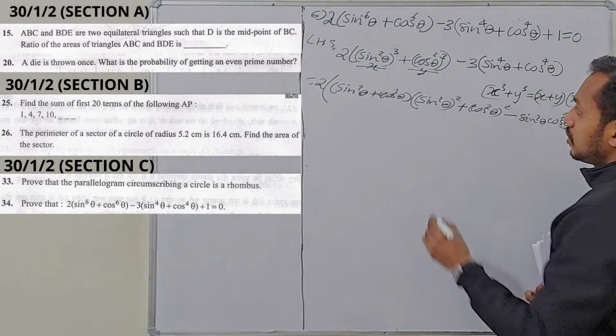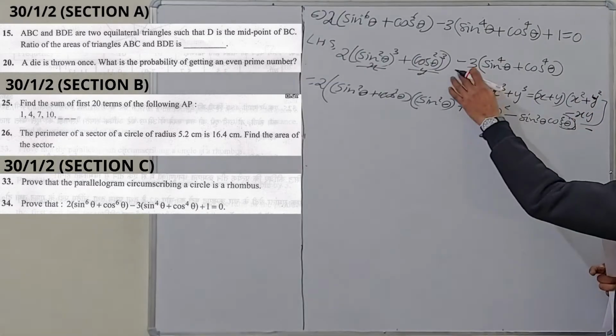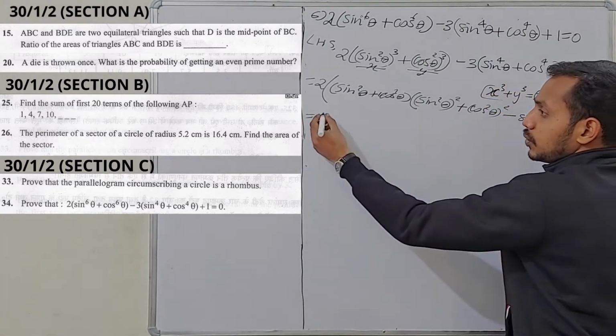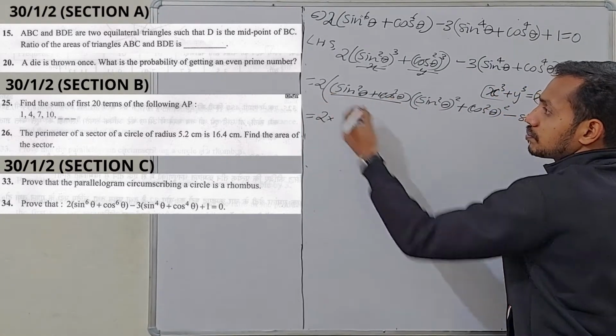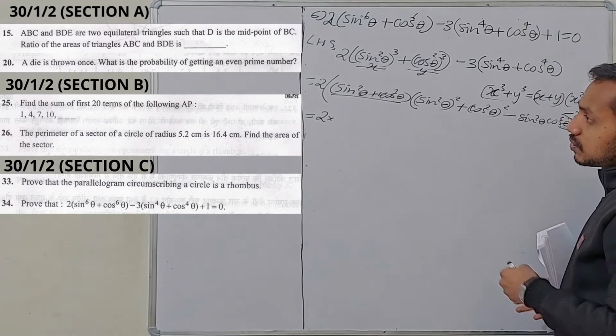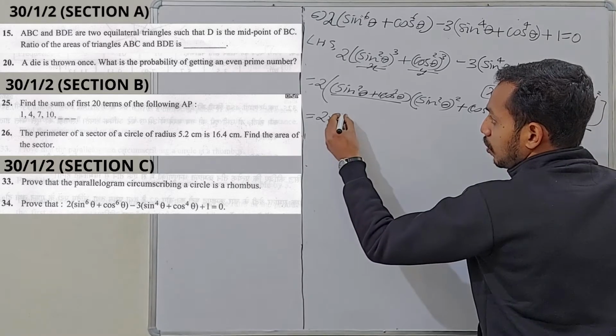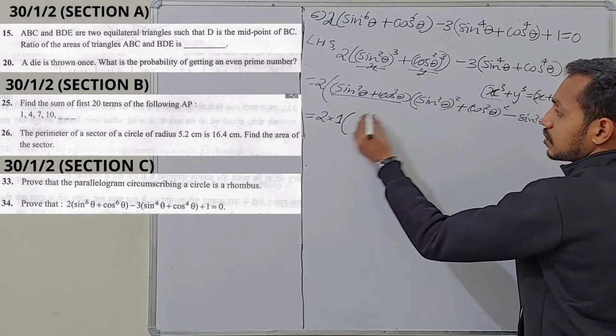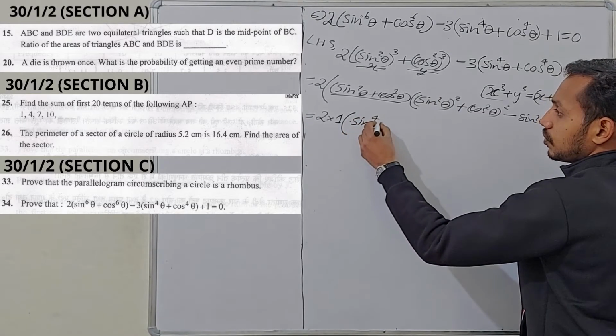Plus minus this term is there, I am not writing it now. We are just simplifying this one. What is sin square theta plus cos square theta? Sin square theta plus cos square theta is equal to 1, into sin square theta whole square will be sin raised to 4 theta.